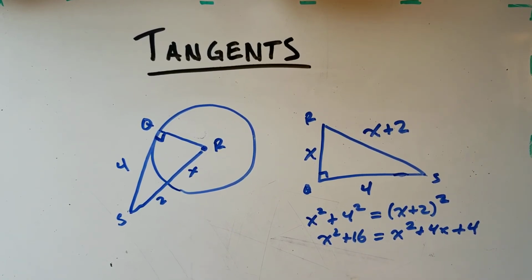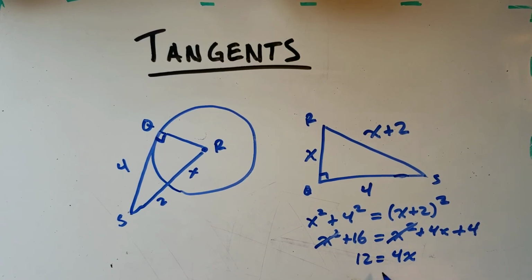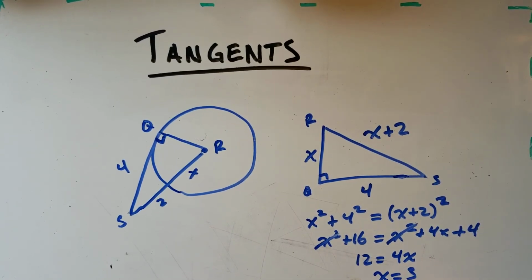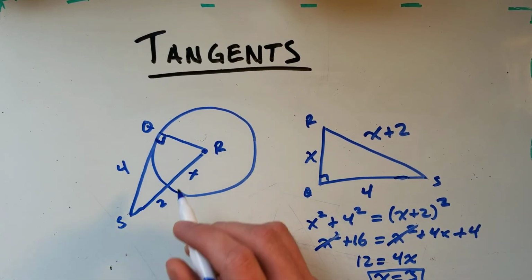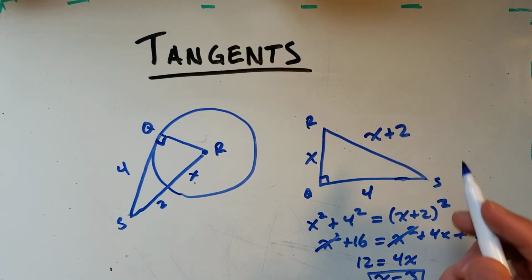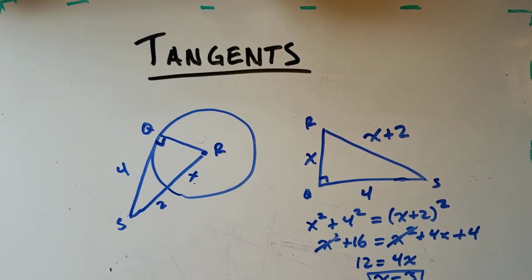And then we're just going to solve. So your X squareds are going to go away. You're going to bring your 4 over, so you're going to have 12 equals 4X, so you should get X is equal to 3. And that would be your solution here. Your missing value is 3. And if you wanted to know this whole side, it would be 5. It makes a nice 3, 4, 5 triangle. That worked out really well.